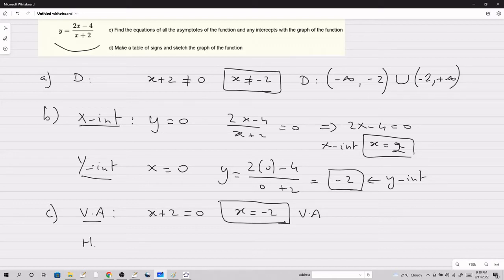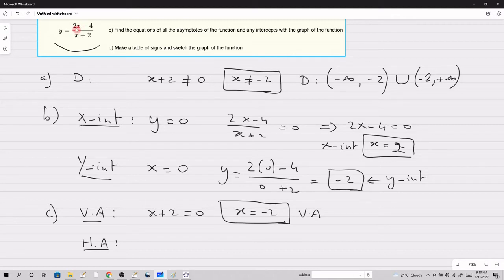Now the horizontal asymptote. I'm saying that there is a horizontal asymptote because the degree of the numerator and the degree of the denominator are both equal to 1. So for x very large, in the numerator 2x will dominate, and in the denominator, it's the x that will dominate. Now when x is very small, remember that very small still means a very large absolute value.